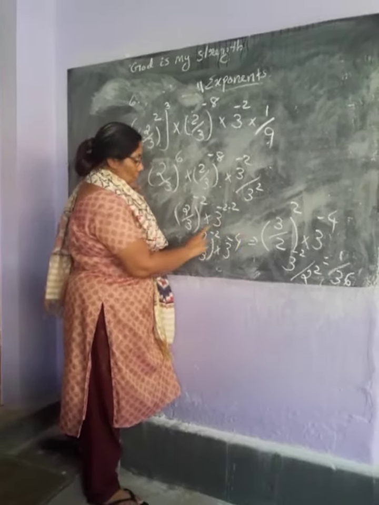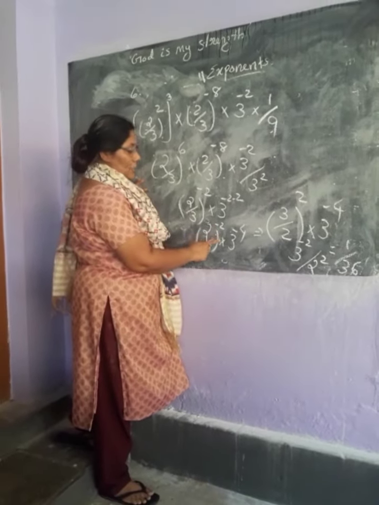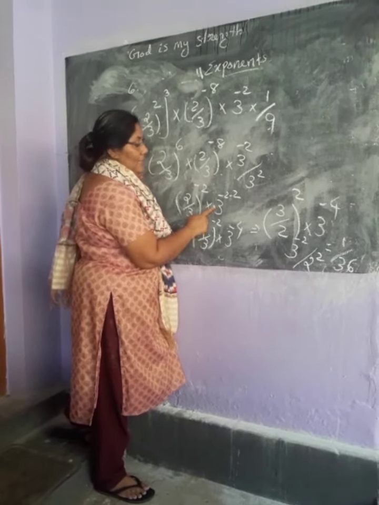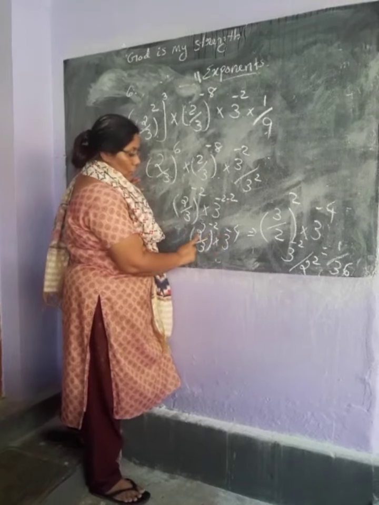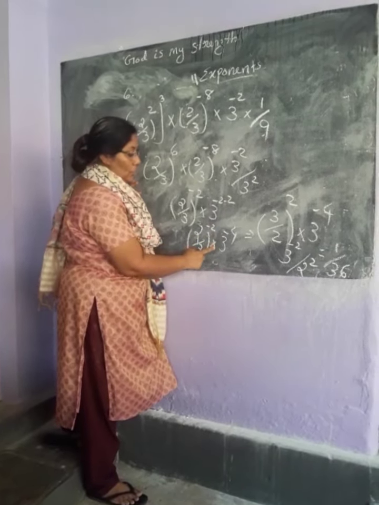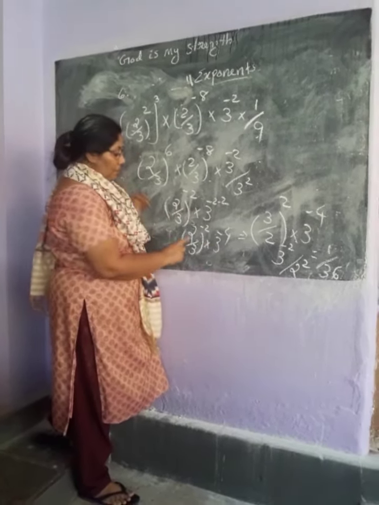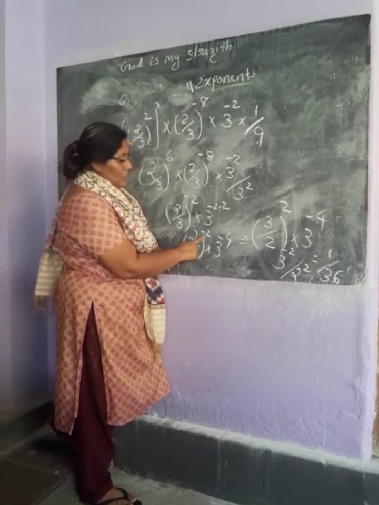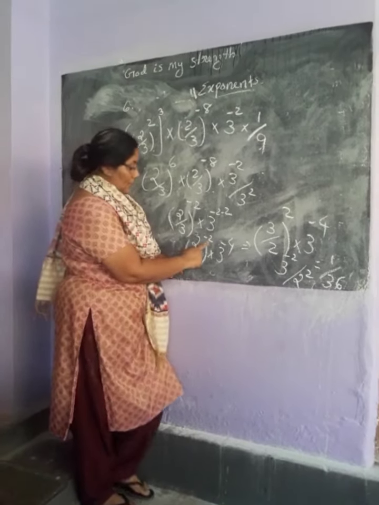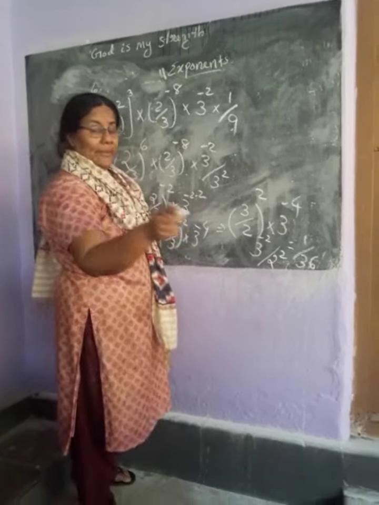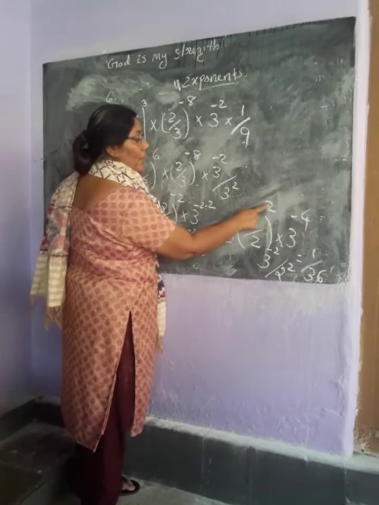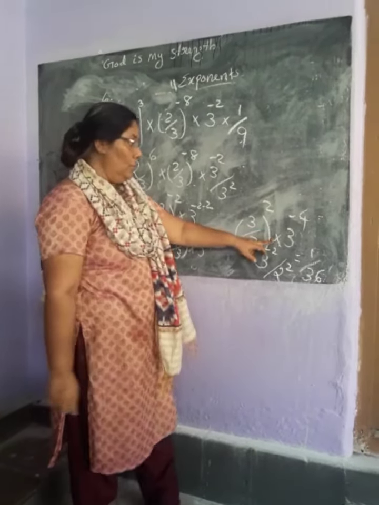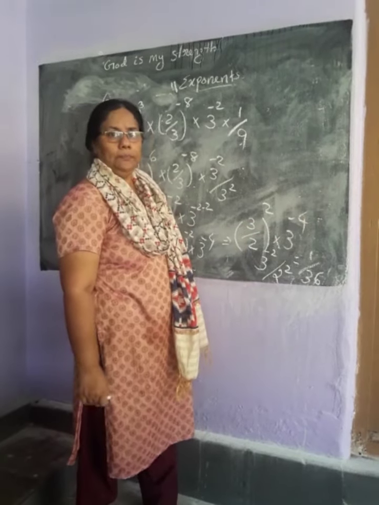Therefore, the first one is 2 by 3 raised to minus 2, into the second one, 3 raised to minus 4. Here 2 by 3 raised to minus 2 we can write in positive exponents as 3 by 2 raised to 2 into 3 raised to minus 4.